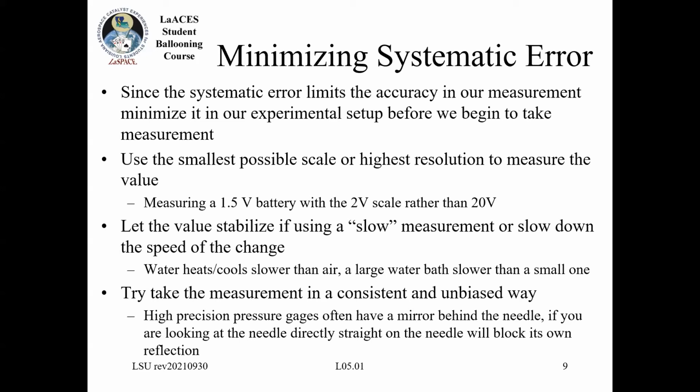So if I'm trying to measure the voltage of a 1-volt battery, it's better to use the 2-volt setting as opposed to the 20-volt setting. If there is some sort of time-dependent thing that's happening, I possibly want to use something to slow down that time-dependent change, so I could insulate my water bath, or the fact that we're going to use a water bath itself as opposed to heating up the air, right?